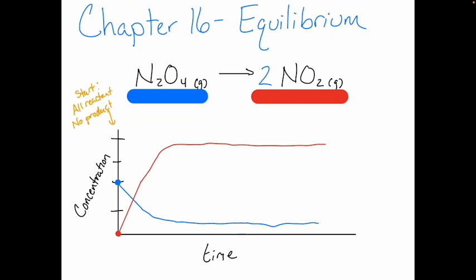So at some point in time, the concentration of my reactant and the concentration of my product are no longer changing. They have flatlined. They are remaining constant here, okay? This region right here is what we call equilibrium.